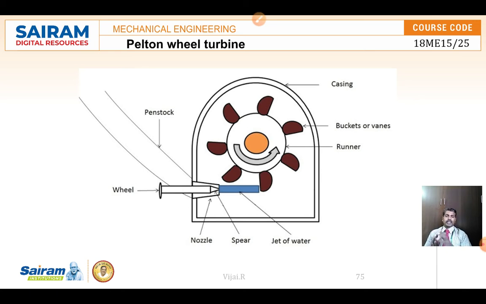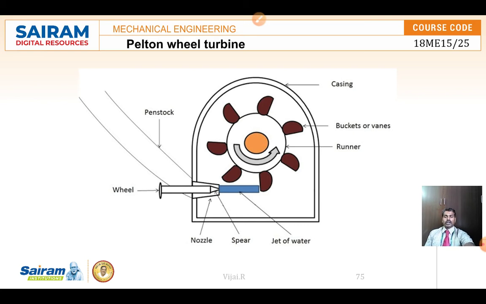We can see the buckets arranged on the periphery of the shaft. The runner rotates when water hits the buckets, which get the kinetic energy of the water, so the runner and the shaft rotate. All the parts are covered with a casing, which helps avoid the splashing of water.